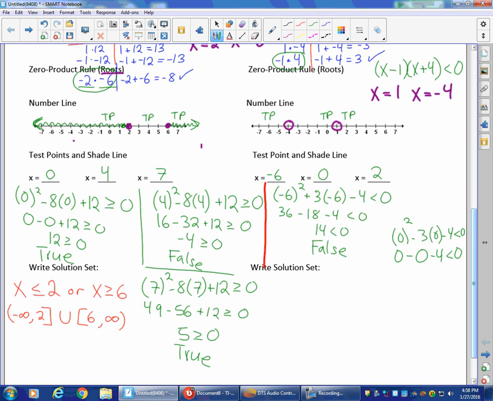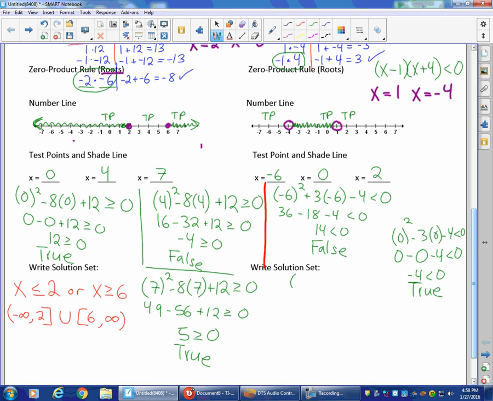Oh, well this just becomes negative 4, is that less than 0? Alright, so negative 4 is definitely less than 0. So it's true. Our middle section tested true, so we're going to shade this in. And hopefully some of you at this point are noticing a pattern in our solution sets. We'll still test the last point, and then we'll write our solution set.